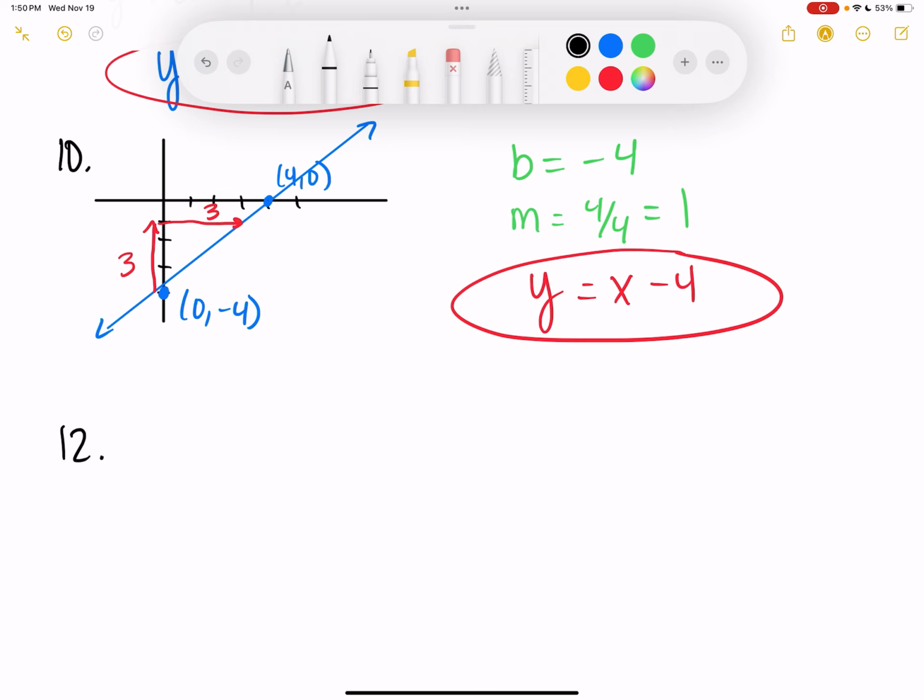12. Another graph. All right, they put the point 0.04 on here. And I honestly couldn't tell you exactly where it hits.